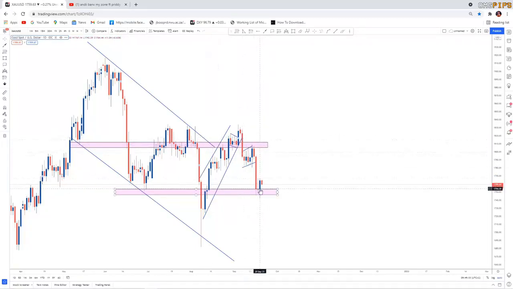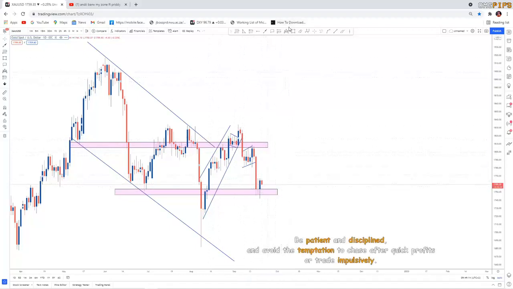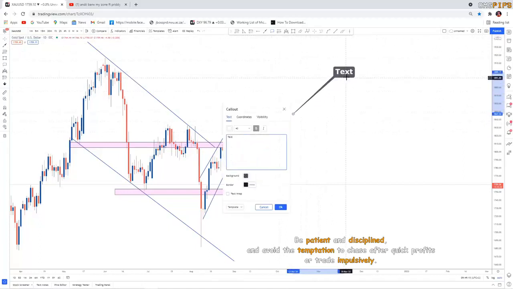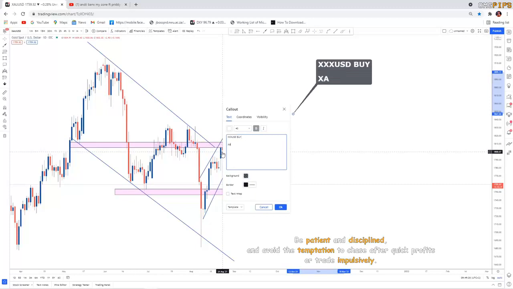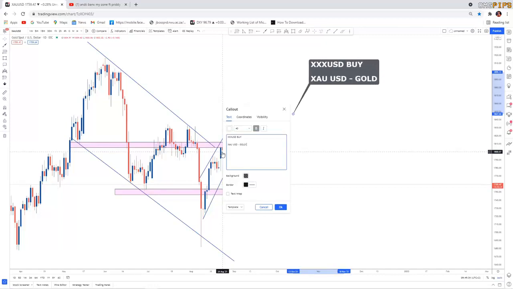So from here we're expecting buying opportunities to the upside, because bear in mind we said XXX/USD is a buy, right? And if you look, this is XAU/USD, which is gold. What are we looking for?